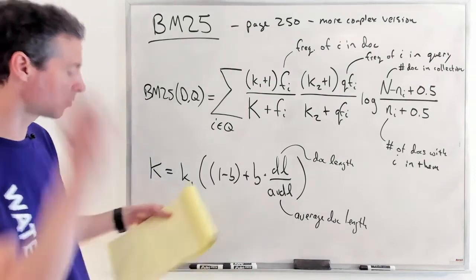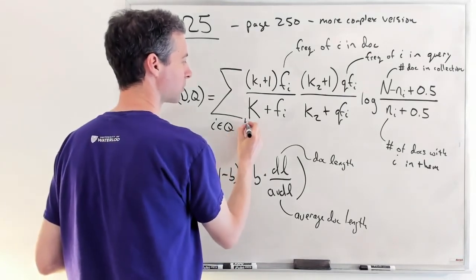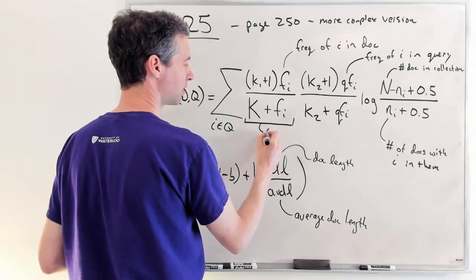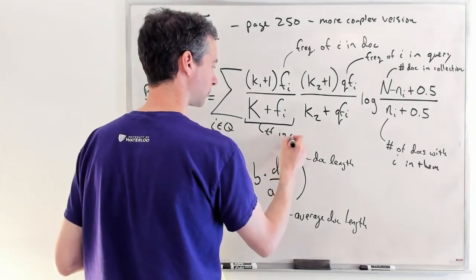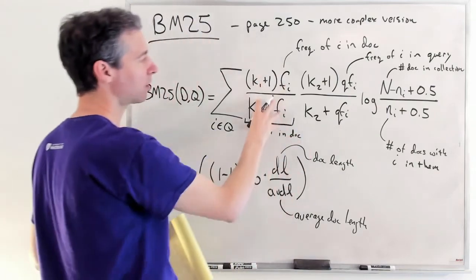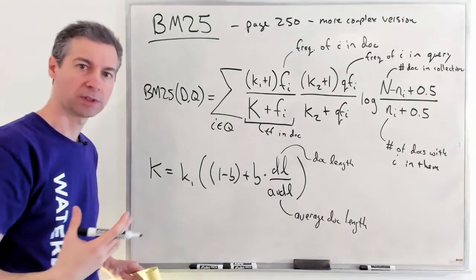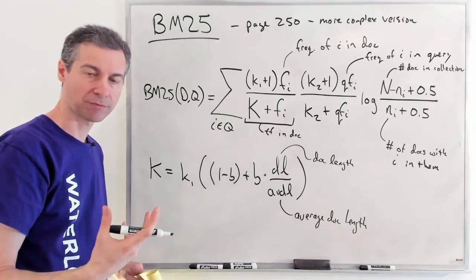But let's break down what we see in this formulation here. I said this was TF-IDF. So the first part of this is the TF in the document. This is basically the weight that we give to that term in that document.